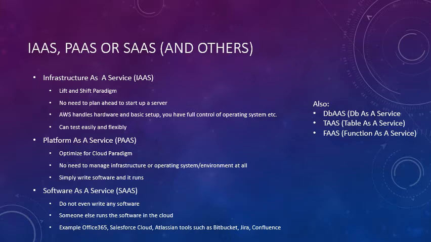Table as a service is really like having a database as a service where AWS manages the database, but table as a service is where it actually manages everything. All you have to worry about is the table itself. So you don't even have to write backup software, restore software.